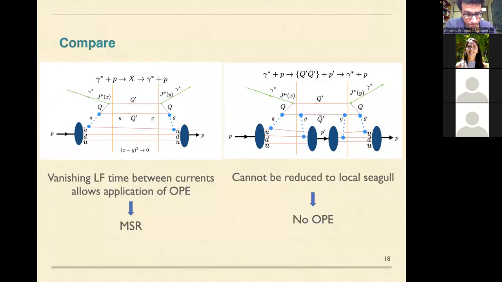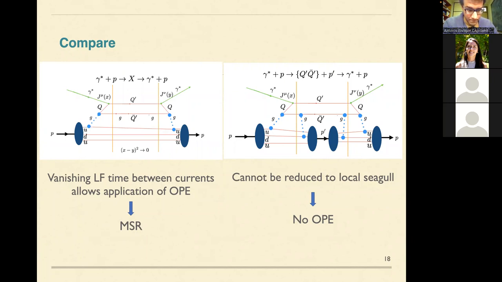Here it is in more detail. Usually, in the graph on the left, like I said at the beginning, you have this product of currents, and when Q squared is very large, the product is very close, (x minus 1) squared going to 0. The operator product expansion, like I mentioned at the beginning, you can apply it.